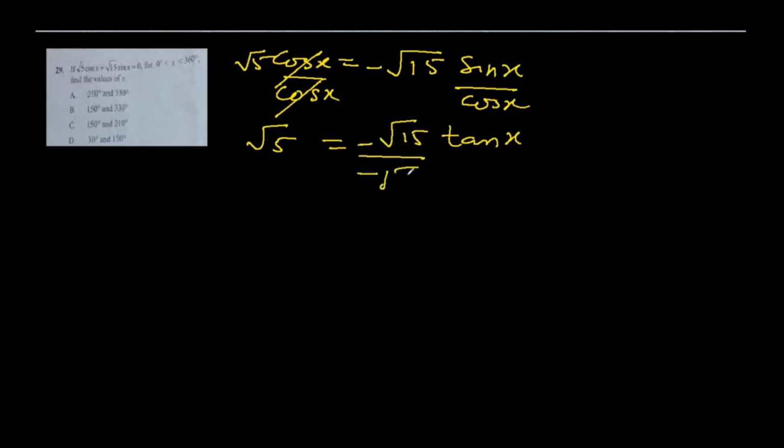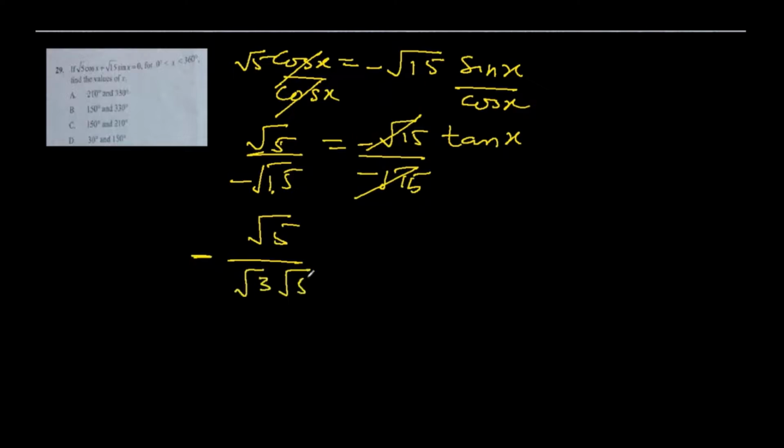Now we'll divide both sides by minus square root 15. And if we cancel these, let me show you the detail. Square root 5 over, let's put minus here, square root 3 times square root 5, that's what we can write square root 15 as, equal to tan x. So square root 5 and square root 5 cancel.